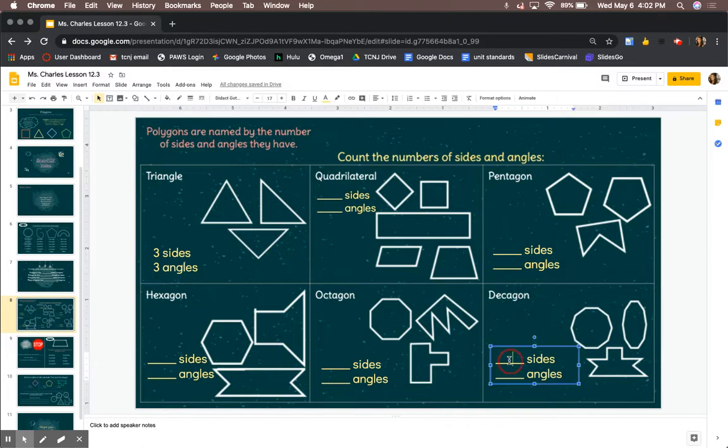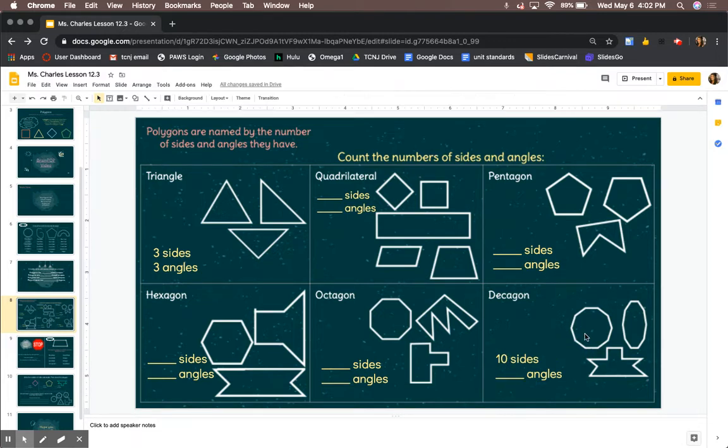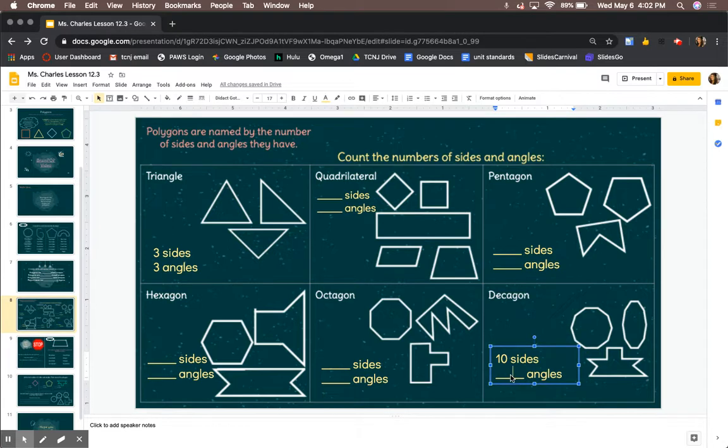So there are 10 sides in a decagon, and let's count the angles. Starting at this one, we have 1, 2, 3, 4, 5, 6, 7, 8, 9, 10. So a decagon also has 10 angles.